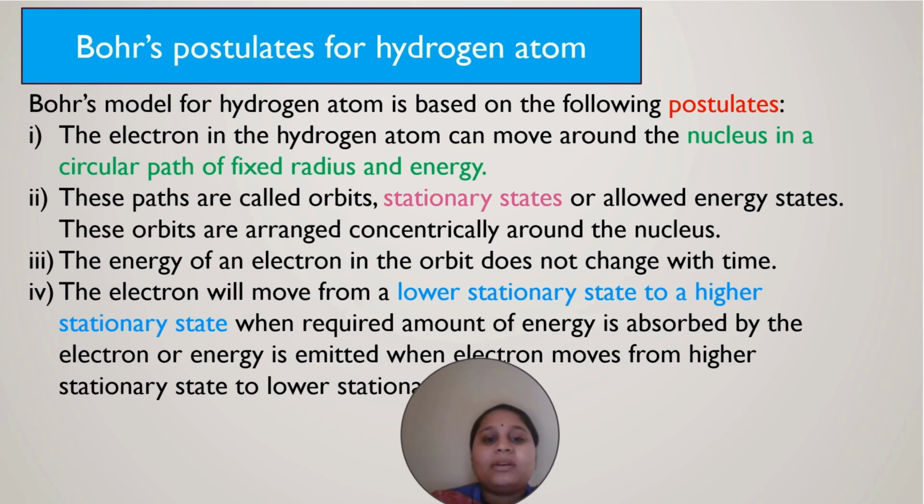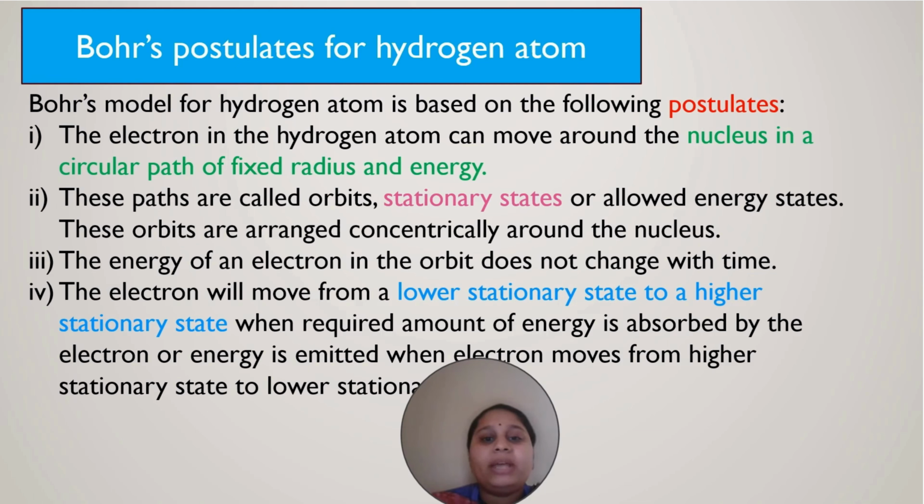As it is a circular path, and any circle does not have an end point, it is stationary. And these orbits are arranged concentrically around the nucleus. Around the nucleus there are orbits which contain electrons that are revolving in those orbits.